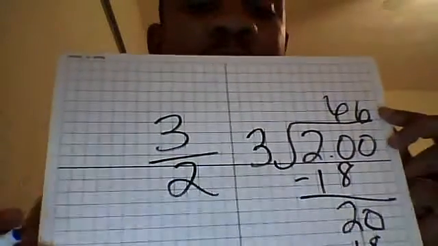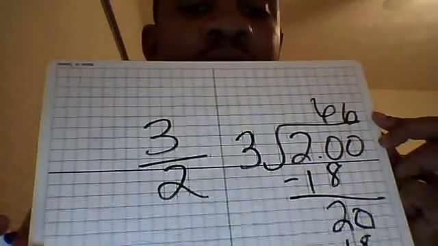So I put 2.00. And there you have it. Anything else? Nothing that I can remember at this time.